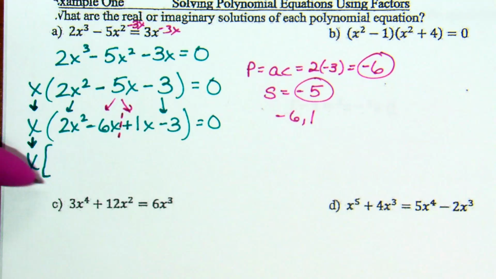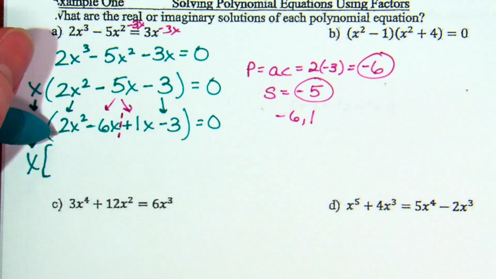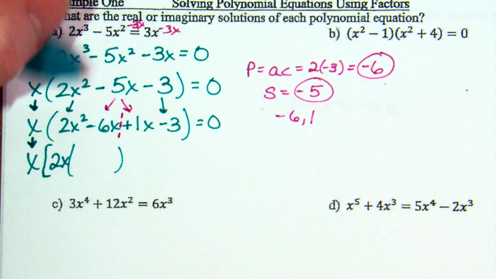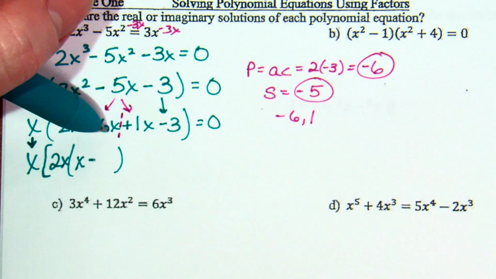I put a pair of brackets here to kind of keep things organized. What do 2x squared and 6x both divide by? 2 what? X. So I'm going to put a 2x here. 2x squared divided by 2x is x, minus 6x divided by 2x, 3.